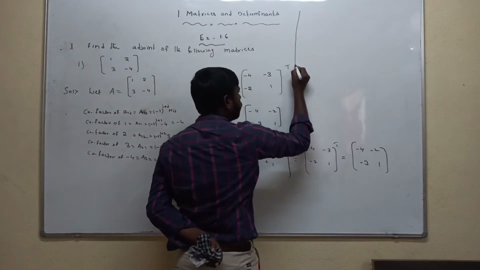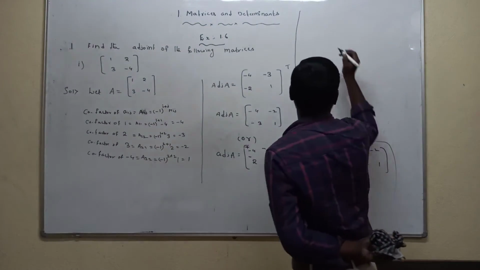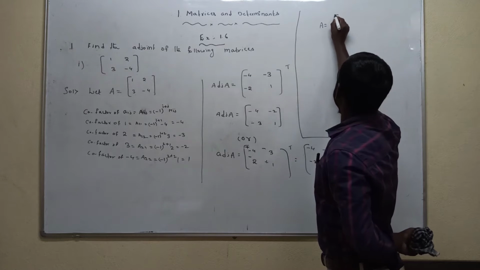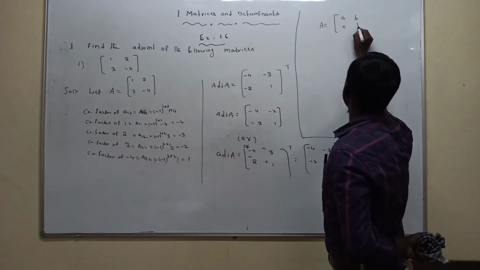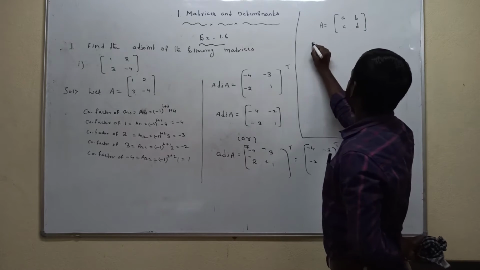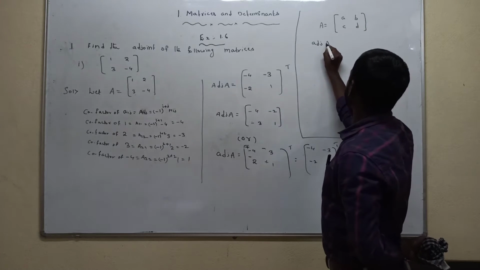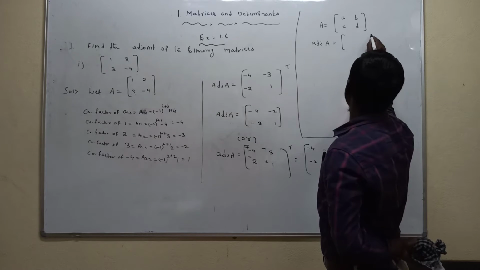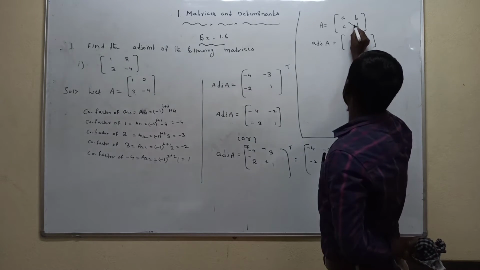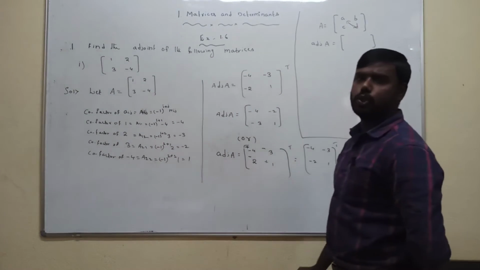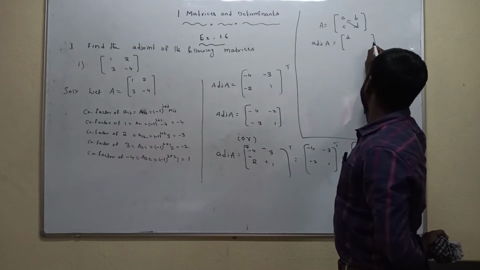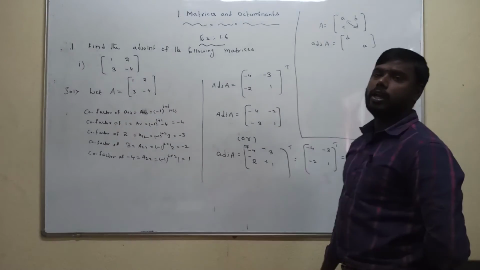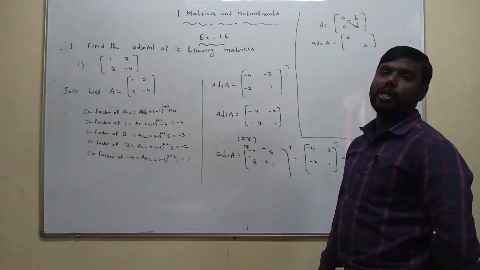So one more method is there. The third method here, students. Suppose capital A is equal to the matrix a, b, c, d. So the adjoint of A formula is: these two numbers are interchanged, meaning a is replaced with d, and d is replaced with a.